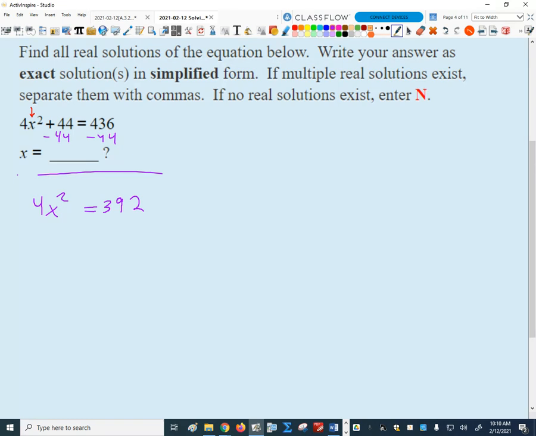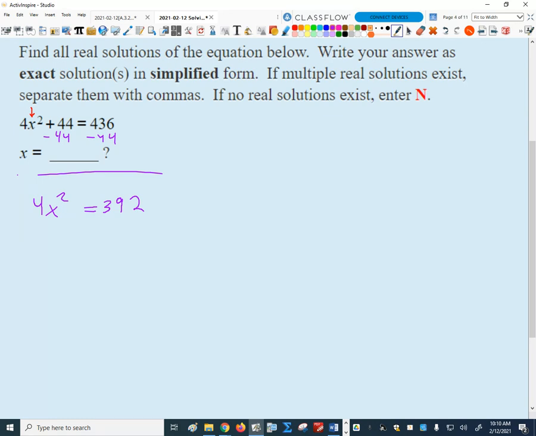So now what? Now what do I do? Just type it in chat or say it, somebody. What do I do next to solve? Square root of both sides. Yeah. Okay, good. Say it again, Ray. You take the square root of both sides.